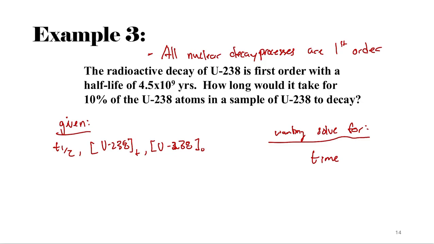But we're looking for a value that isn't half the initial concentration, right? We're saying 10%. So we have to think about how we are going to use the half-life, the fact that it's a first order process, to then find the time it takes to reach a specific concentration, right? So does anyone have any ideas what relevant equations we might need for this?